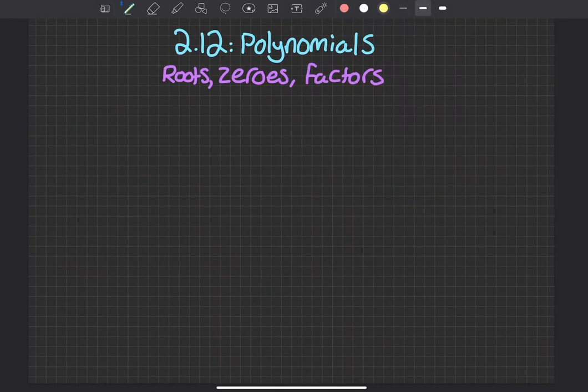So next we move on to roots, zeros, and factors. And roots and zeros are essentially the points, the x-coordinates, where the graph crosses the x-axis, right? And if you remember for quadratics, we said that they can be expressed in the form f of x equals a(x minus b1)(x minus b2), where b1 and b2 are the roots of the quadratic function, right?